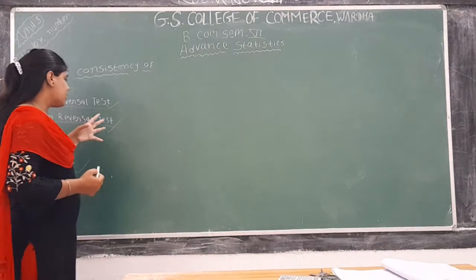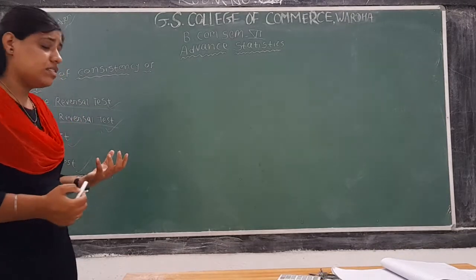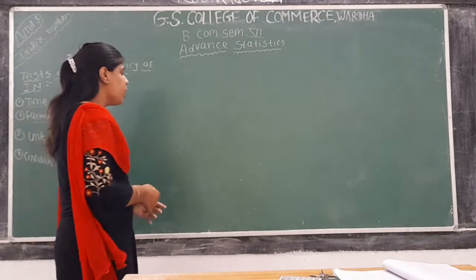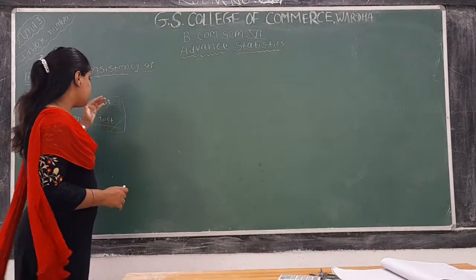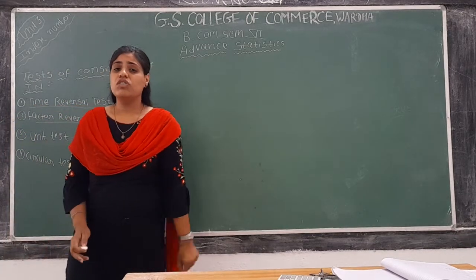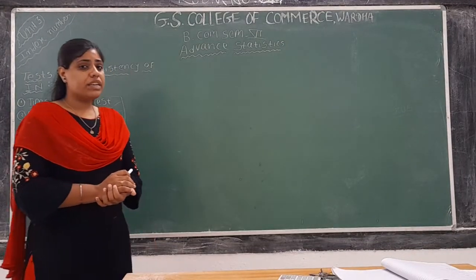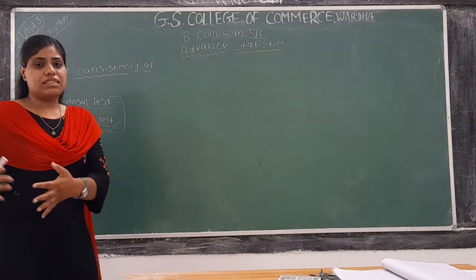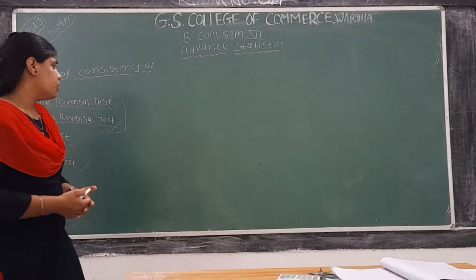When we talk about the factor reversal test, this test is satisfied by Fisher's ideal index number. Both these tests are given by Irving Fisher. So Fisher's ideal index number satisfies both of these tests. That is why Fisher's method of computing index number is also called the ideal index number. Why ideal? Because it satisfies most of the tests. That is why it is the ideal index number. It is the more accurate method of computing index number.